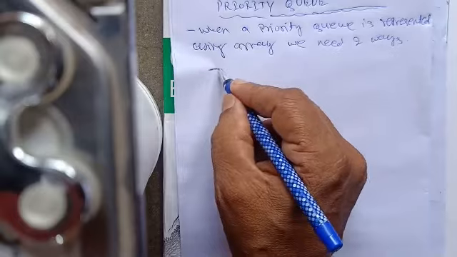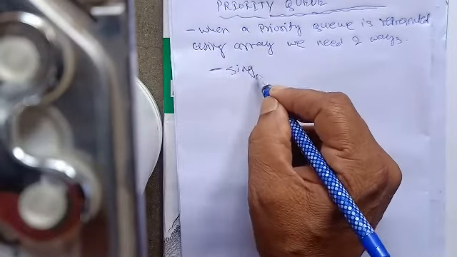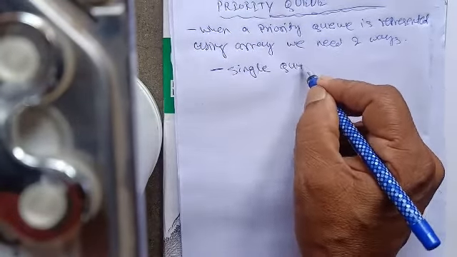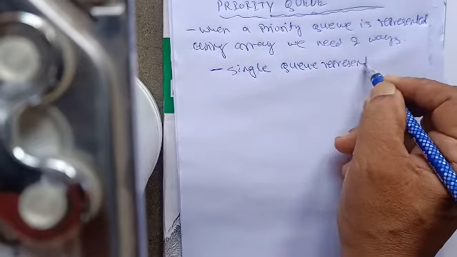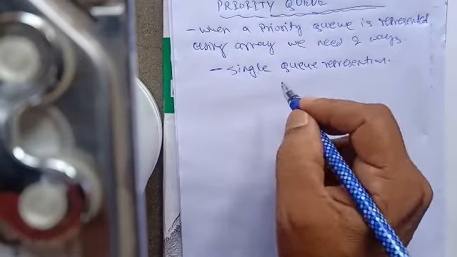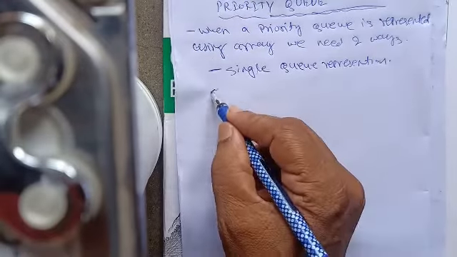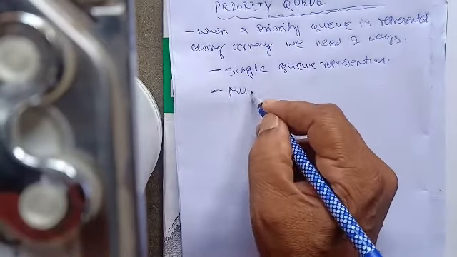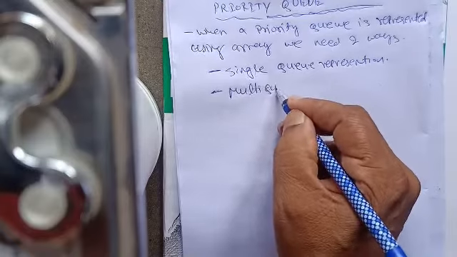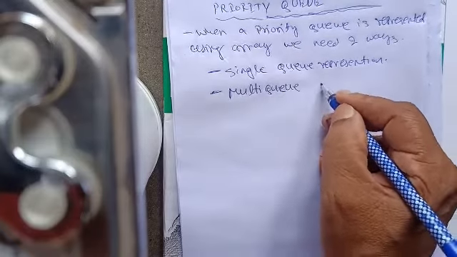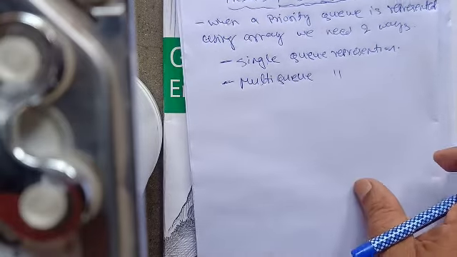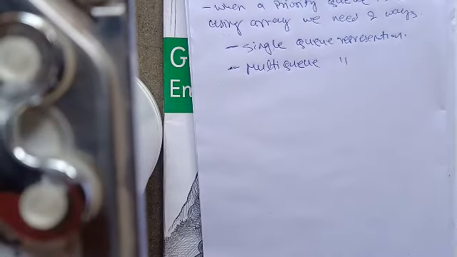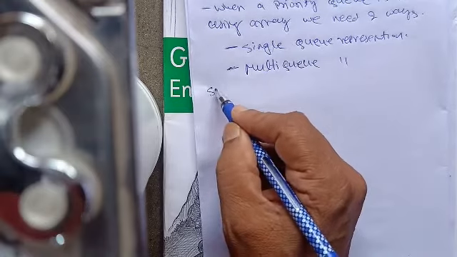One is single queue representation, which is called single queue, or you can call it single array. The next one is multi queue representation. So let's see what single queue representation is, and then we will discuss multi queue.